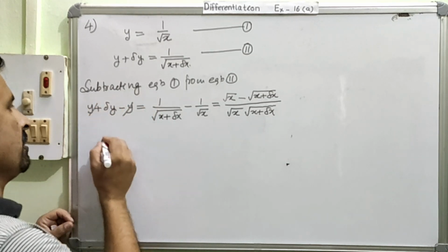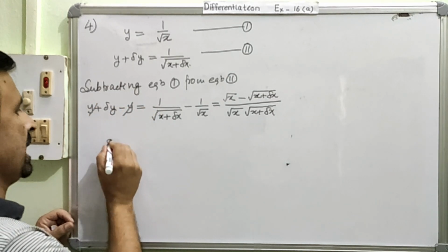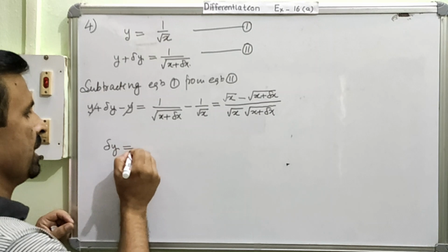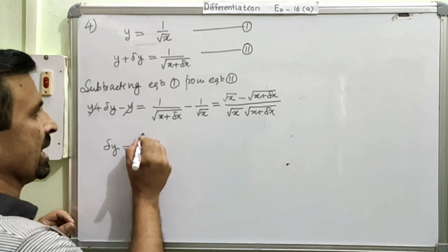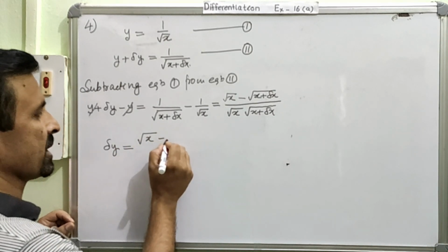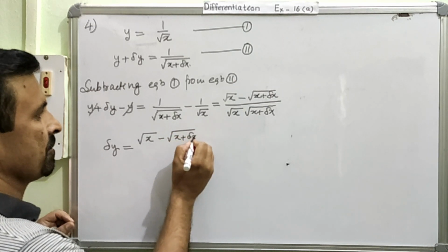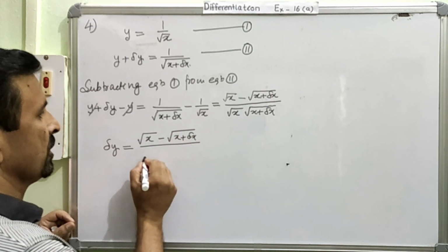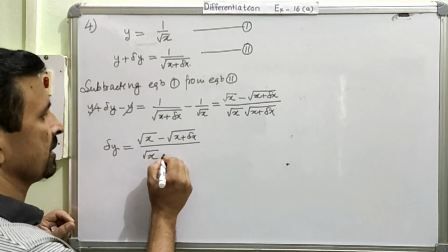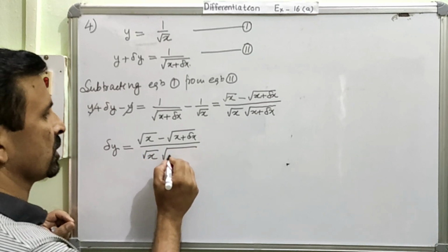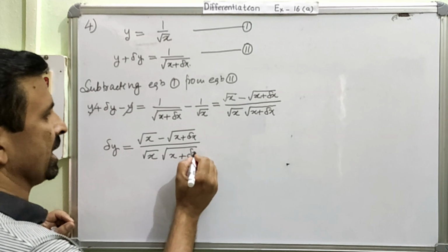At the same time this y and minus y cancel. This is delta y is equal to, we are rationalizing. So root x minus root of x plus delta x, first of all I will rewrite the function, divided by root of x into root of x plus delta x.